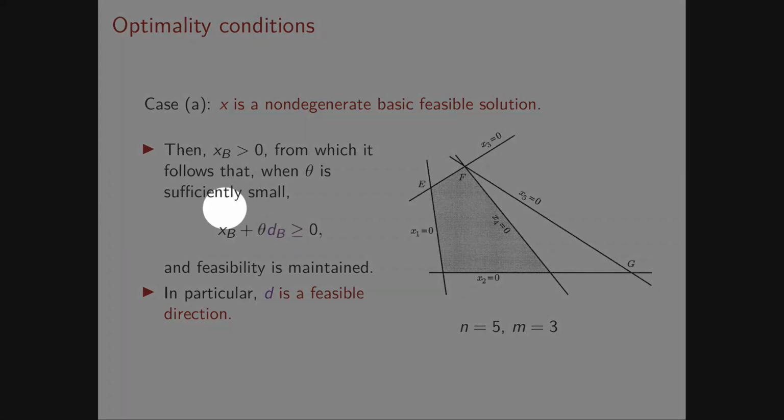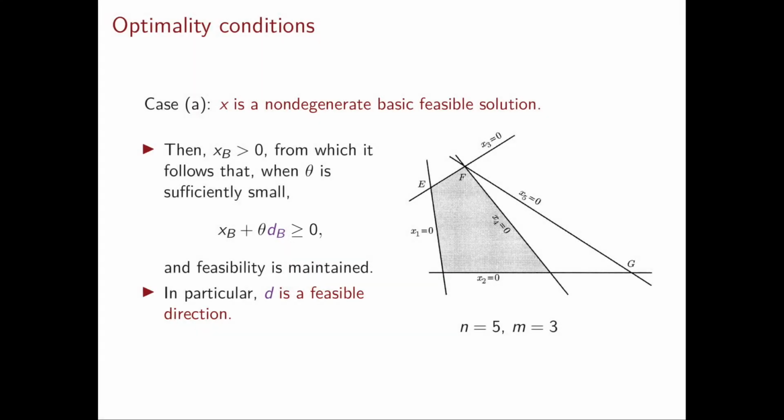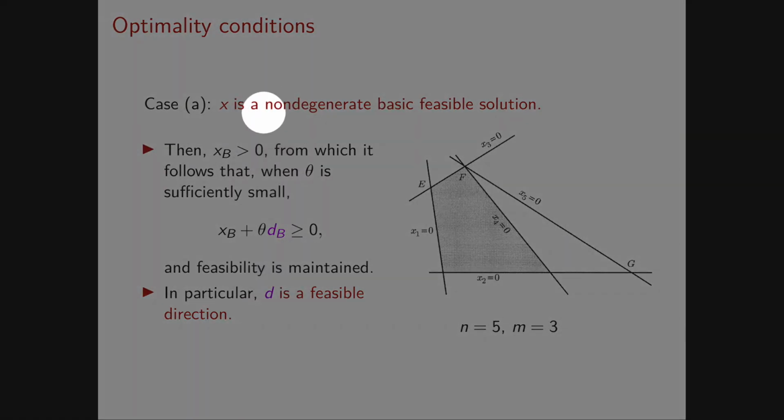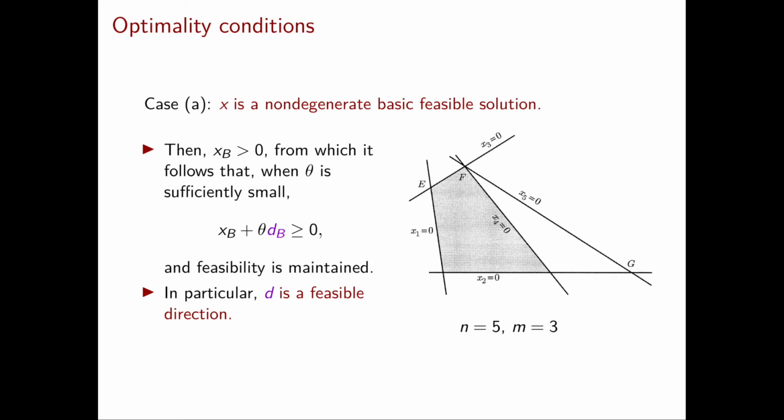But now, since xB is strictly positive, there always exists theta small enough for which this vector is greater than or equal to 0. So feasibility is maintained for theta small enough. This directly implies that D is a feasible direction. So in the first case, if x is a non-degenerate basic feasible solution, D is always a feasible direction.